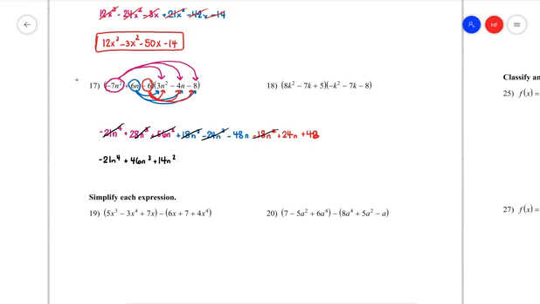Then our n's, we have negative 48n plus 24n, which would be negative 24n. And lastly, we have the constant, which is 48. So everything is combined. That's my final answer.